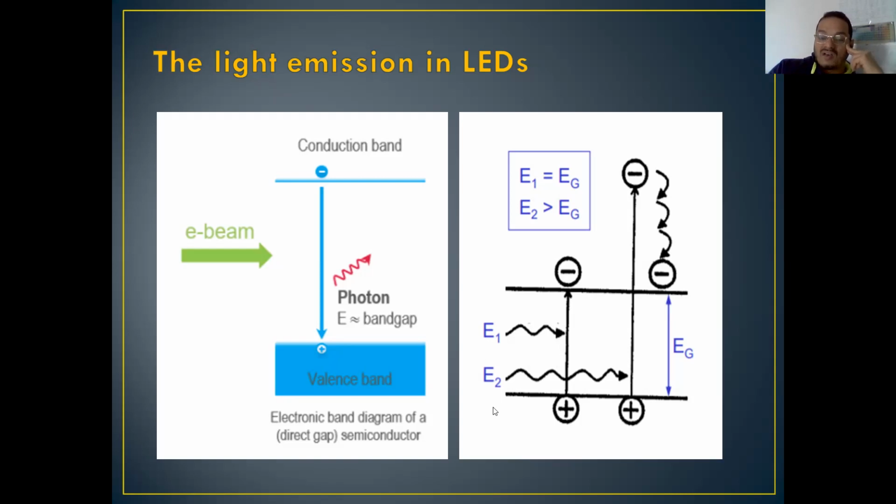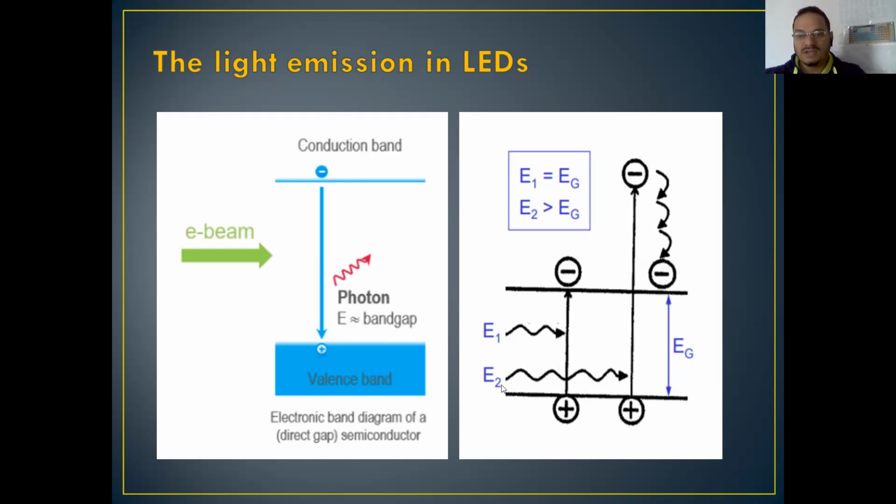And here we have another image, which I took from the solar cell course. We have two different energy potentials. Number one, equal to the energy band gap, so the electron can skip to the conduction band and leave behind a hole.